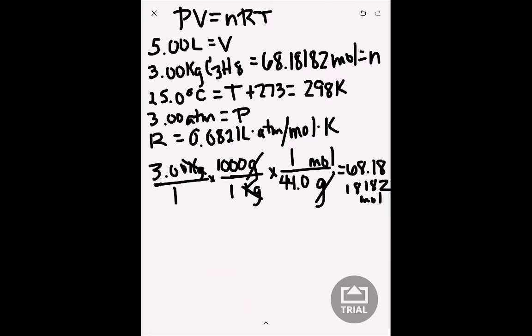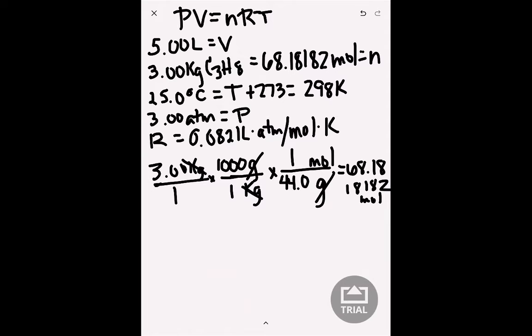Okay, I am solving for, it says how large a container would be needed to hold the same amount of propane. So again, it tells us that we're holding it in a 5-liter tank, but it says how large of a container would be needed if we have a temperature of 25 and a pressure of 3 atmospheres.